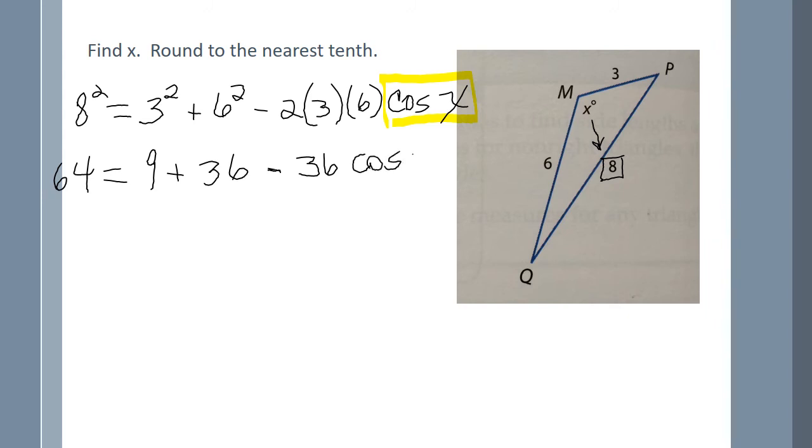So 64 equals 45 minus 36 cosine of x. Now, subtract 45 from each side.